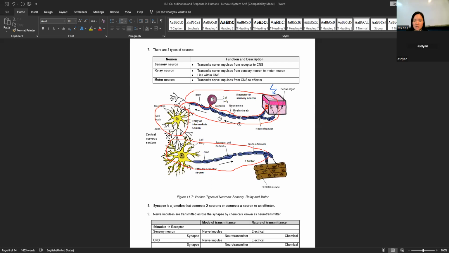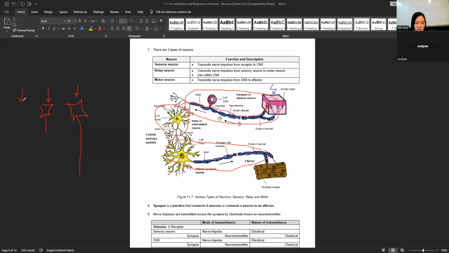Okay, the relay neuron and the motor neuron have their cell body near the starting end. Okay, this one is the motor neuron, this is the relay neuron. Relay neuron is shorter, okay, but the cell body is also near the starting end.